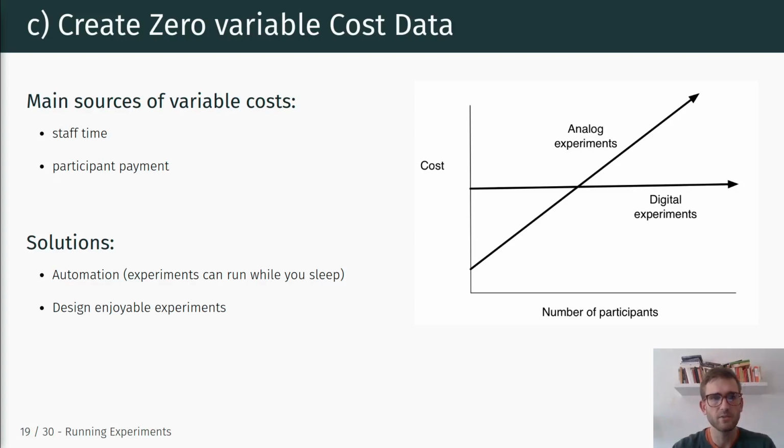But if you're able to minimize these variable costs by making your experimental design enjoyable so that people actually want to participate for free, and make it run completely automatically without staff attention, then at scale with larger experiments, digital experiments will be cheaper in the long run.